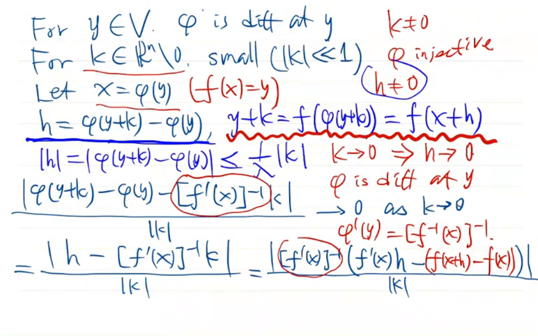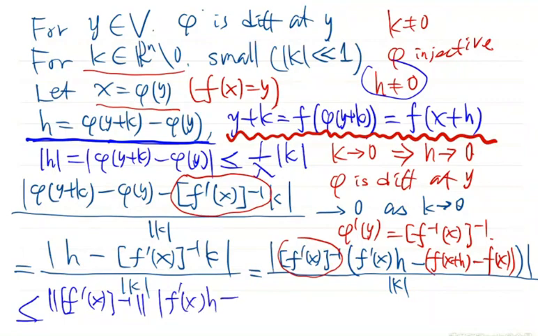This norm is not greater than the norm of the matrix multiplied by the norm of the vector. The vector is f prime x h minus (f(x plus h) minus f(x)).